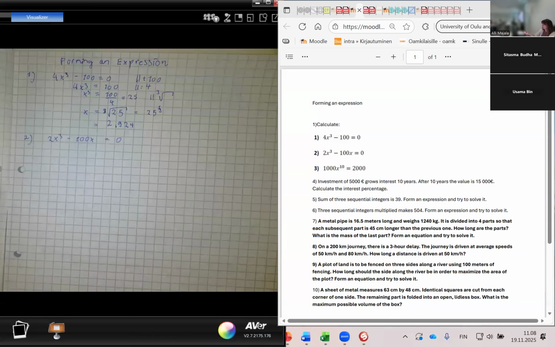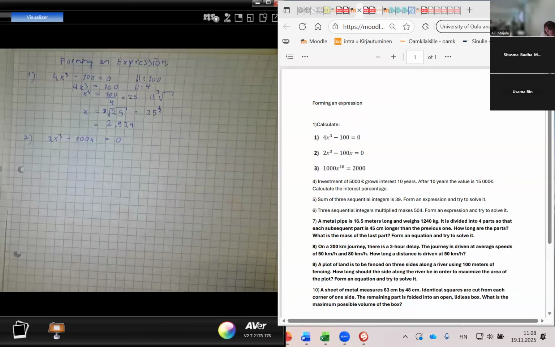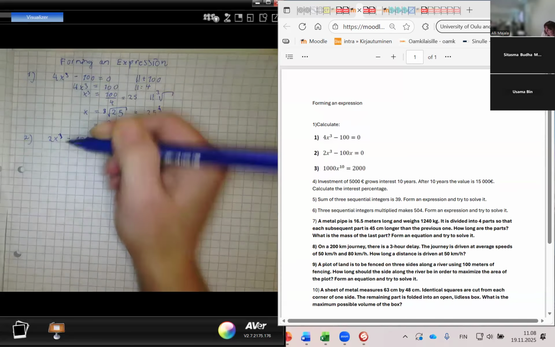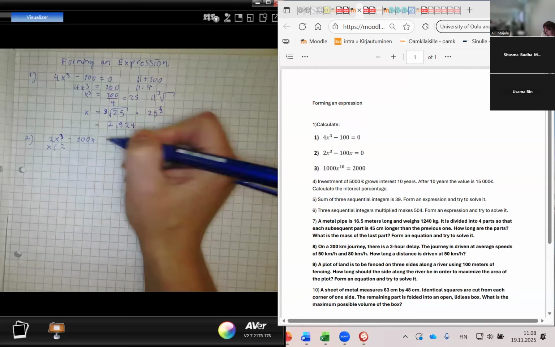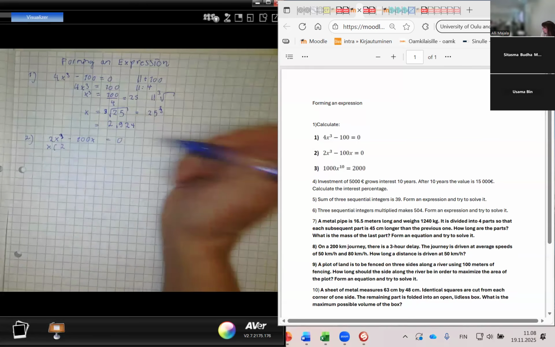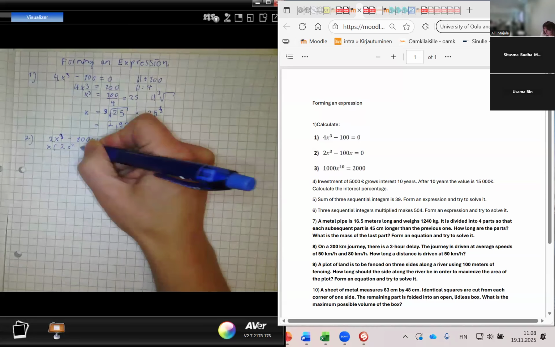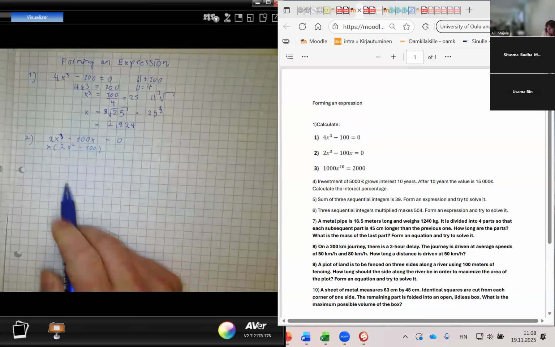I will continue calculating these. So what are we after here? It's similar to the second degree equation solving, but now here is only the power 3. But I can of course take a common multiplier here, because both of these terms have the x. So there would be x to the power of 2 minus 100 and times x.